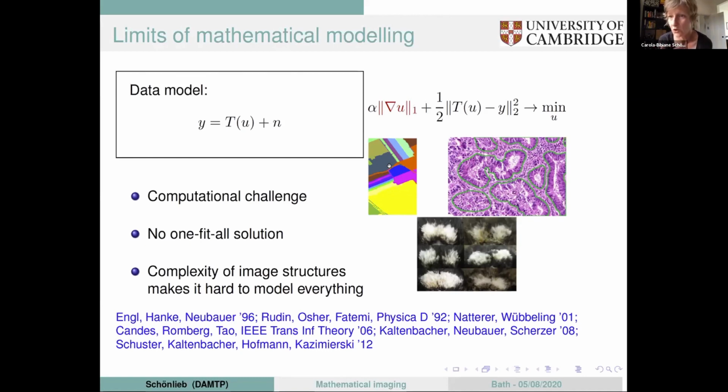And so there is no one-fits-all solution, and very closely linked to this, there is also no model-based solution that can capture all of these little fine details in the images that you see. There are approximations, so it makes it hard to model everything. So these are the disadvantages of the model-based approach.